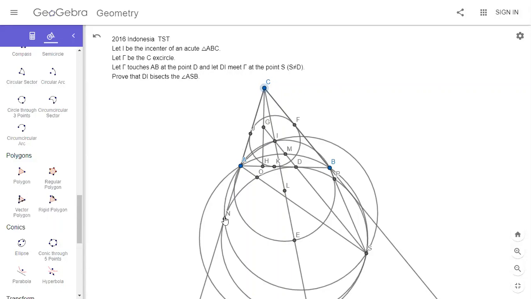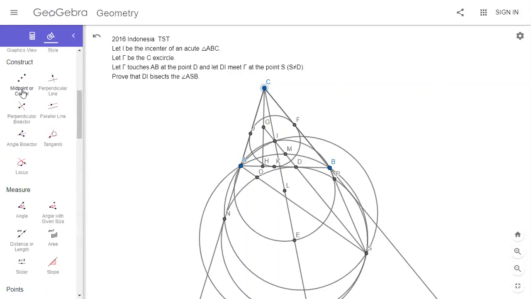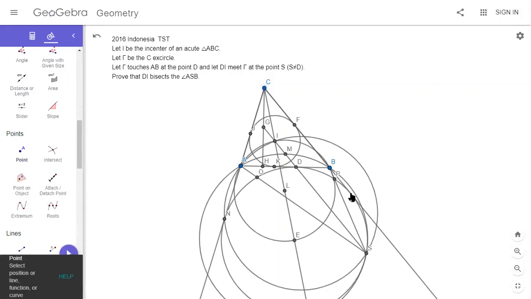So CN is equal to, yeah, I'm curious, write out a little more of your solution. So CNI is congruent to C. Okay, I agree with that.